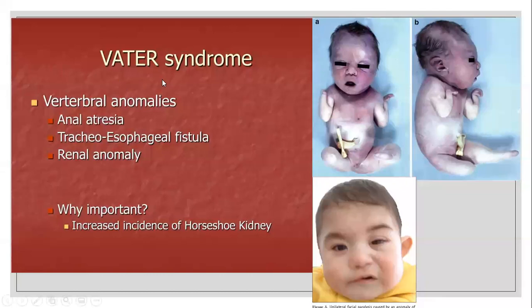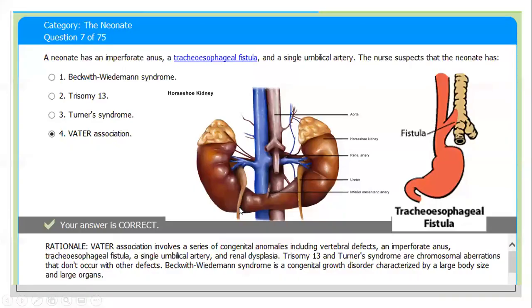So now what is the better association or symptom? It is the vertebral anomalies, and the patient has anal atresia, tracheoesophageal fistula, and renal anomalies. What is renal anomalies? It is horseshoe-shaped kidneys, right?